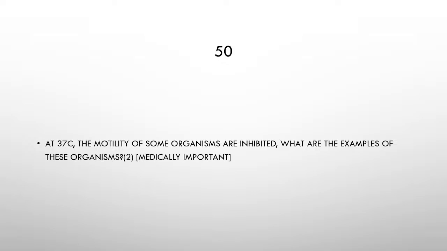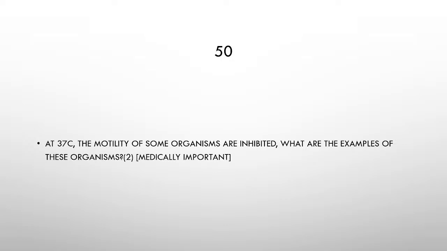At 37 degrees Celsius, the motility of some organisms is inhibited. What are examples of these organisms? We have two organisms. I'm going to skip number 50, and I want you guys to answer this question because it's very important. When we talk about pasteurization, these are the organisms you need to remove because of their motility.